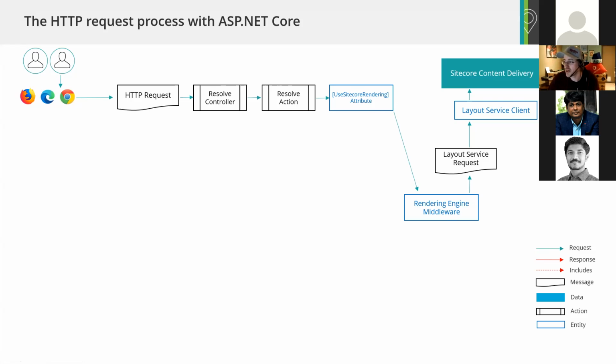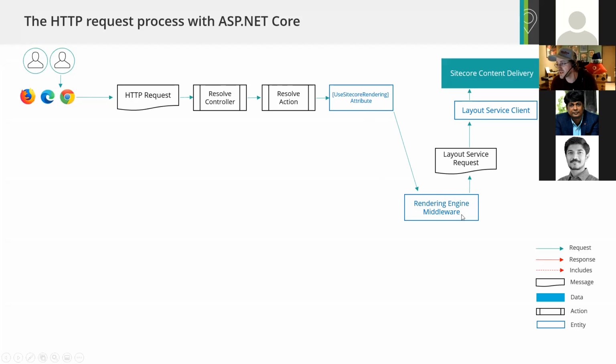So middleware, if you've done any work in Node.js or Express, the concept of middleware should be familiar to you. ASP.NET Core uses a similar concept of middleware that basically allows various pieces of code, various modules to affect an incoming HTTP request. So we insert our middleware if you make use of this attribute on your controller action.